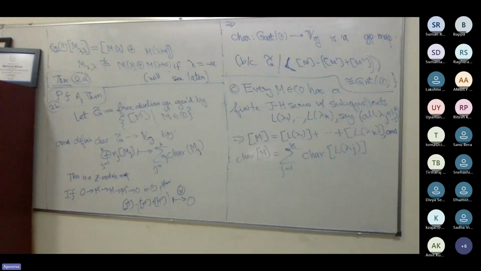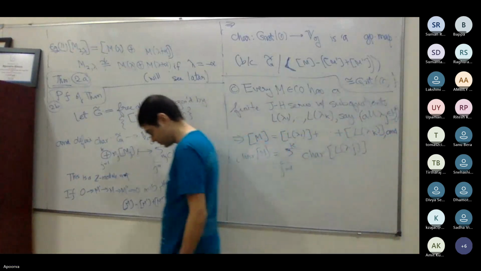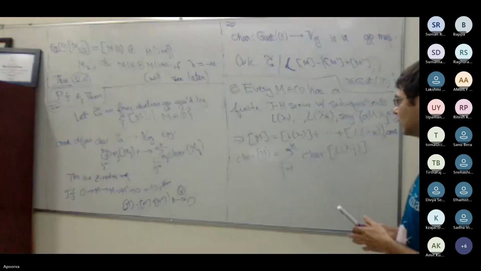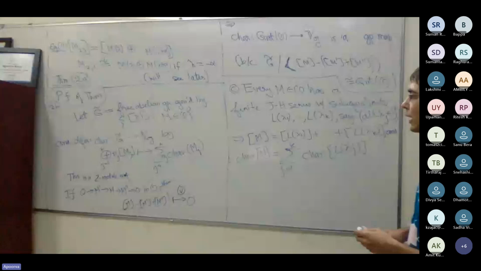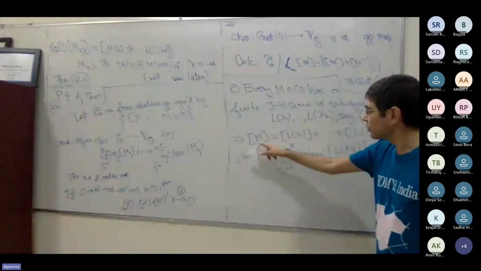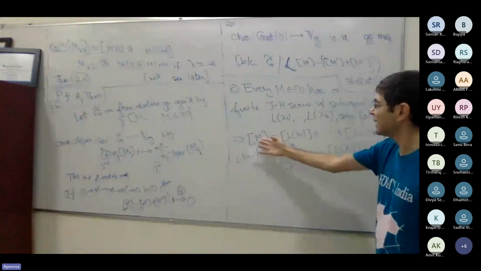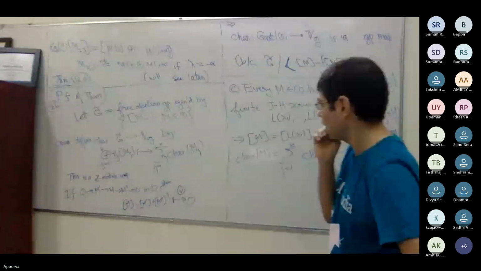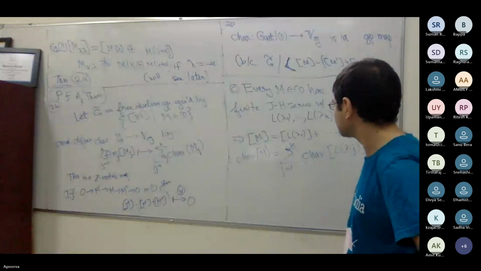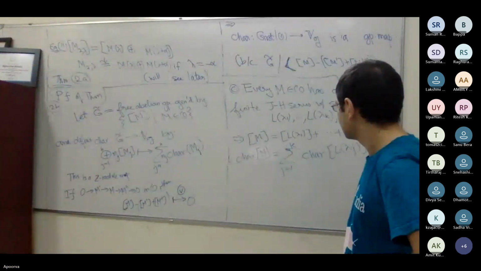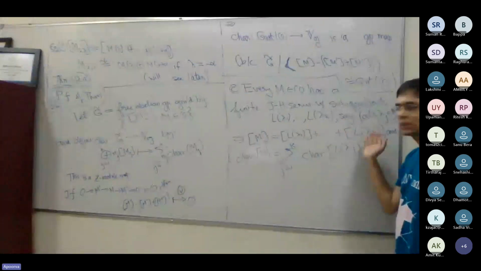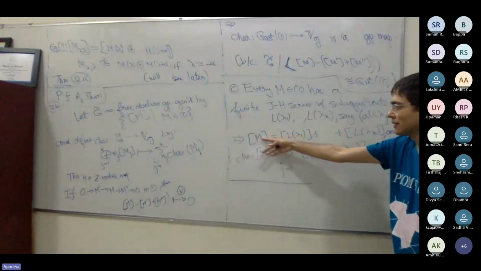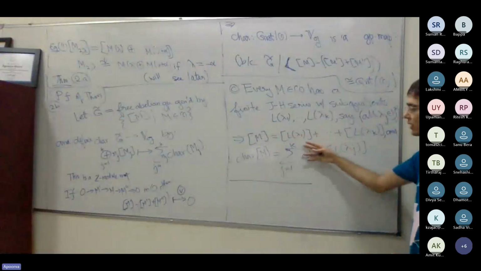Now that means that every isoclass M can be written as some combination of the simple modules. We understand that characters and isoclasses break down similarly.